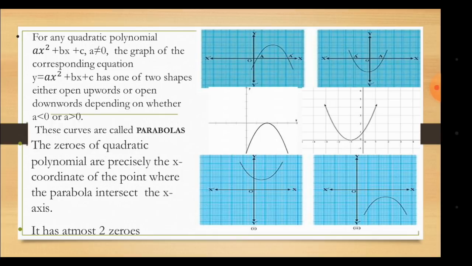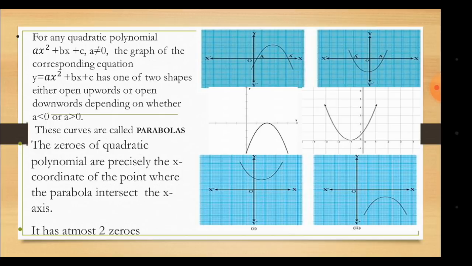When the value of a is less than 0, means negative, then the parabola opens downwards. If the value of a is greater than 0, means positive, the parabola opens upwards. So this depends on the value of a.